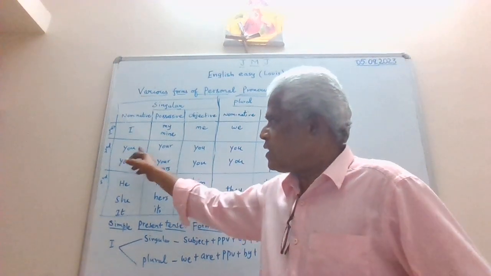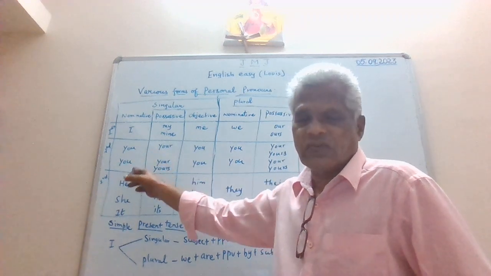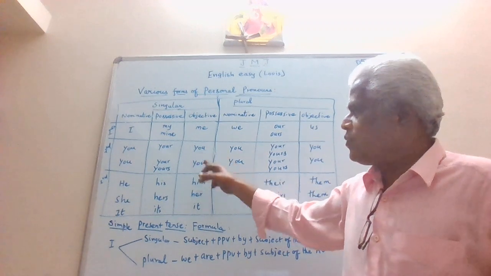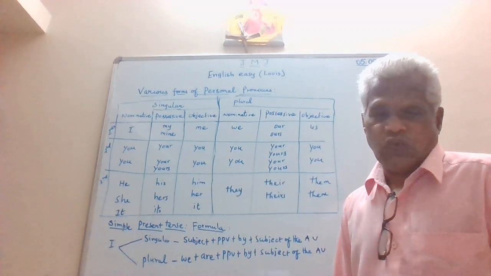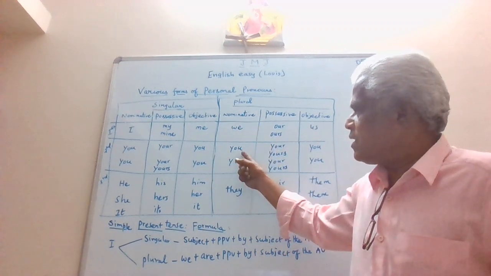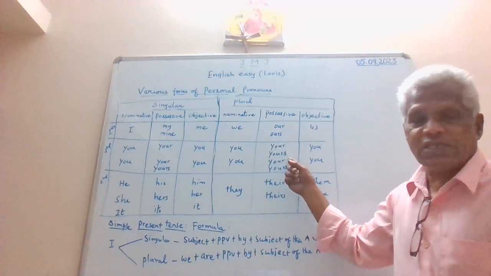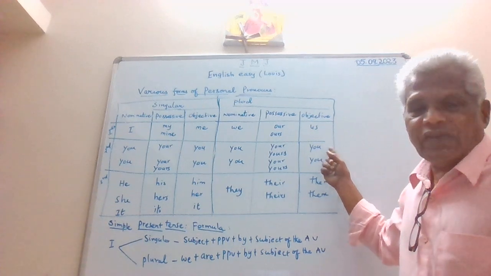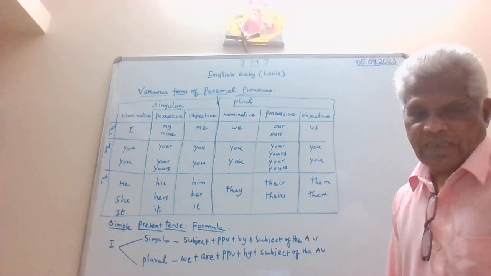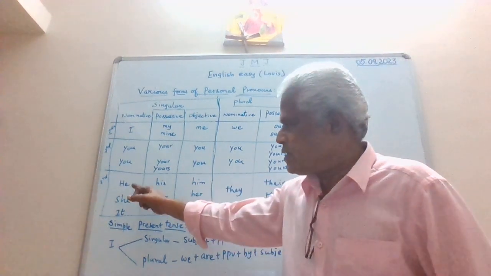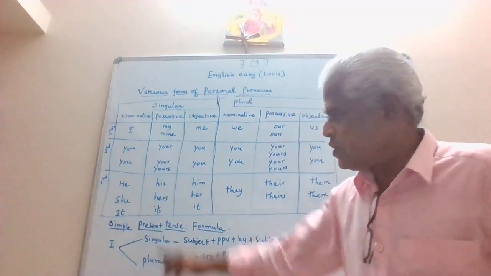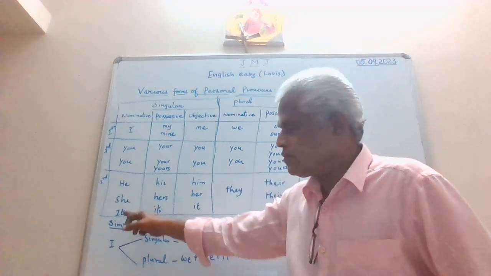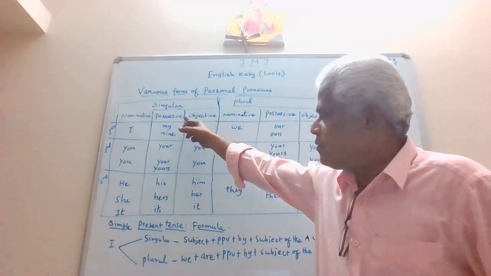Similarly, look at the second person here. Second person you, singular as well as plural: your and yours, and objective it remains as you. In plural too, you, your, yours, both singular and plural, and for objective it remains as you. For third person singular, he, she, it, how does it change?